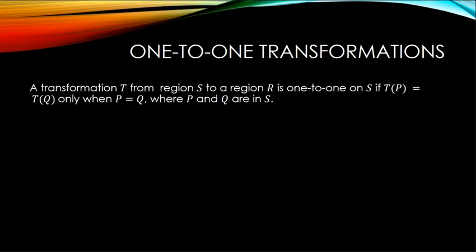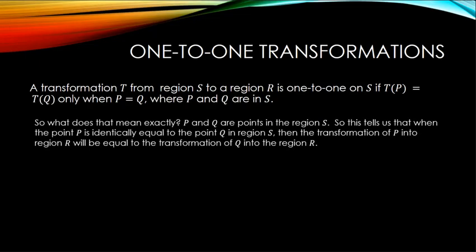I also want to mention one-to-one transformations. A transformation T from region S to region R is one-to-one on S if T(p) = T(q) only when p = q, where p and q are both in S. So what does that mean?